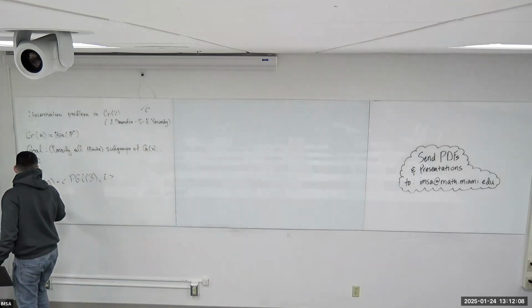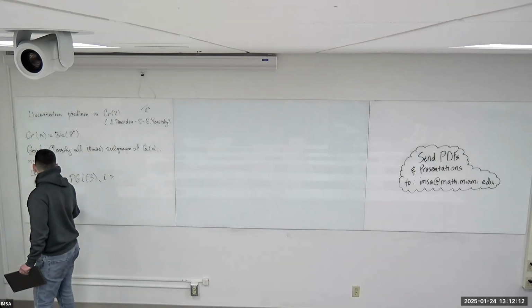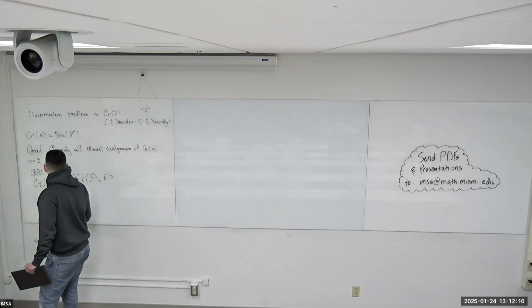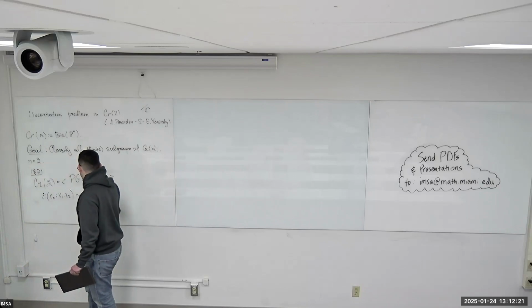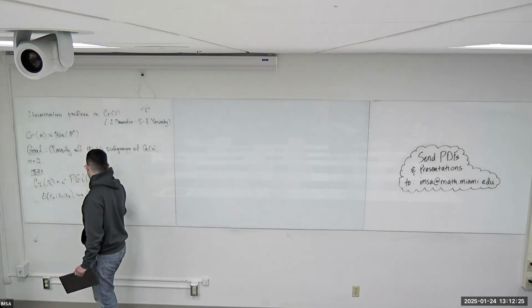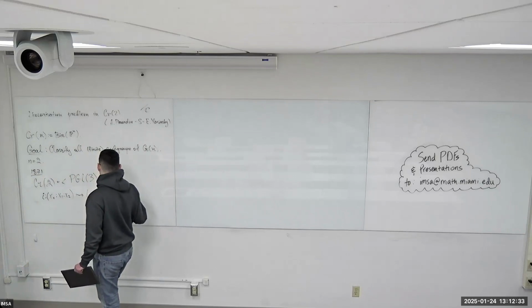Let me write it down in coordinates. It takes homogeneous coordinates x0, x1, x2 and sends them to x1x2, x0x2, x0x1.